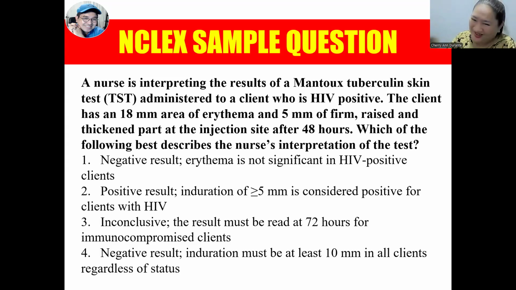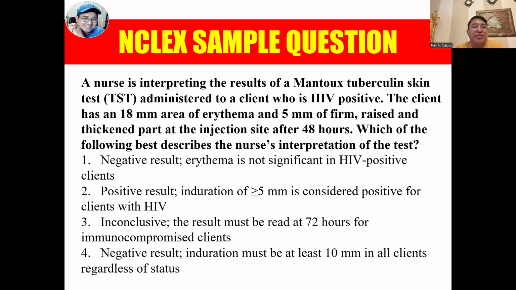The client has an 18 millimeter area of erythema and 5 millimeters of firm, raised, and thickened part at the injection site after 48 hours. Which of the following best describes the nurse's interpretation of the test? Before I answer, can you tell me your answer here? Is it negative, positive, inconclusive, or negative because the induration should be at least 10 millimeters?